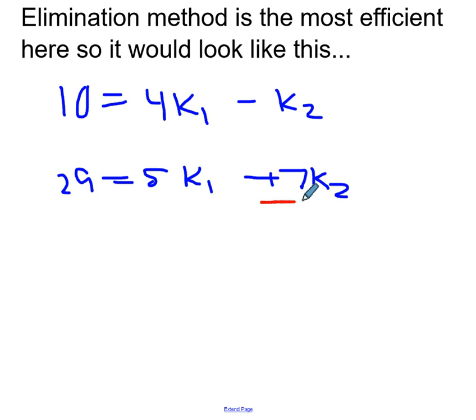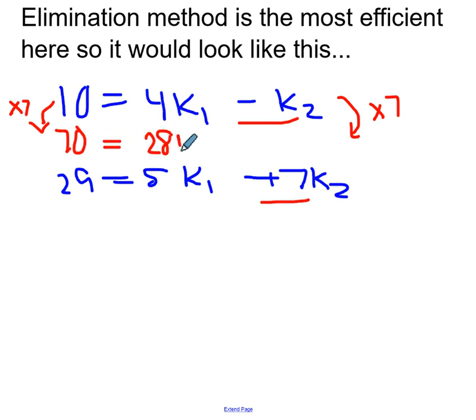So I see here I have plus 7k2. Can I do something with this to get minus 7k2? I can do times 7. So if I do it on one side, I have to do it on the other side. So here I'm going to have 70 is equal to 28k1 minus 7k2.